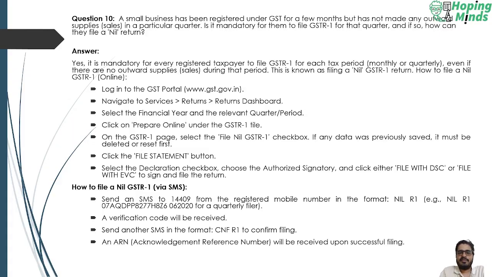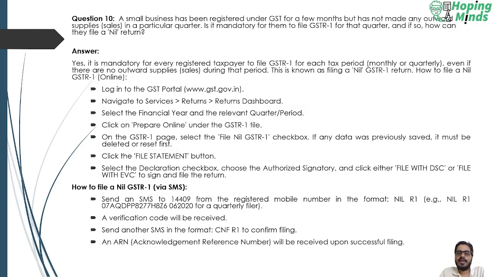Then click the file statement button, and we have to validate the return by an OTP that is sent on the registered mobile number and the registered email ID. Select the declaration checkbox, choose the authorized signatory and click either file with DSC or file with EVC to sign and file the GST return.